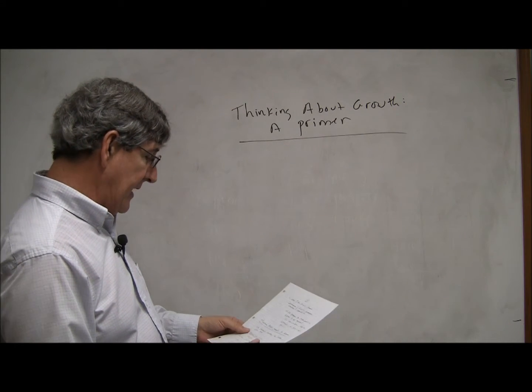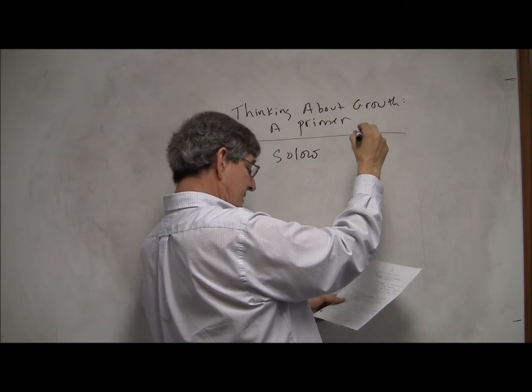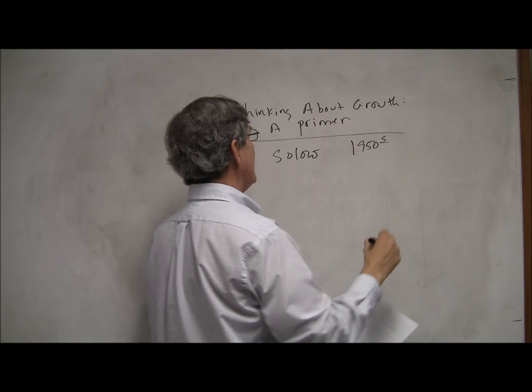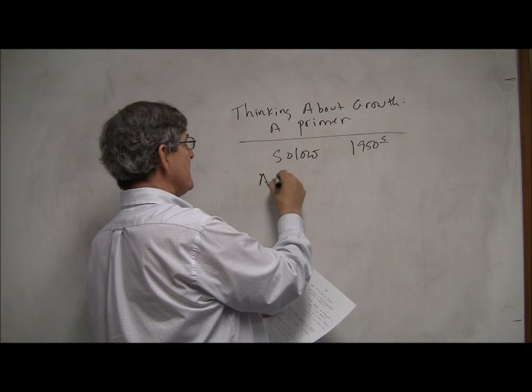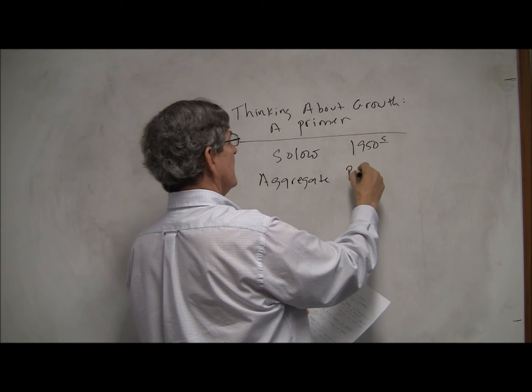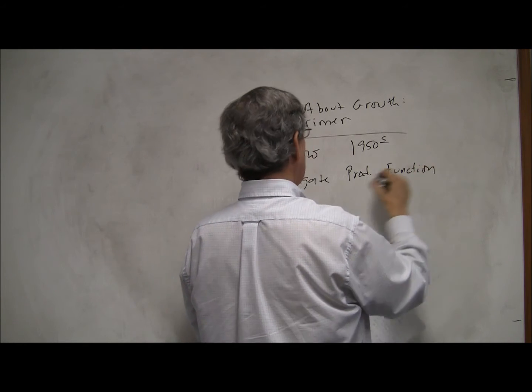And we're going to use a framework that's due to Solow, Robert Solow. He's the growth guy in the late 1950s and is still used today. It's what he got his Nobel Prize for. And what we want to do is look at something called an aggregate production function, which you've already seen in the past.